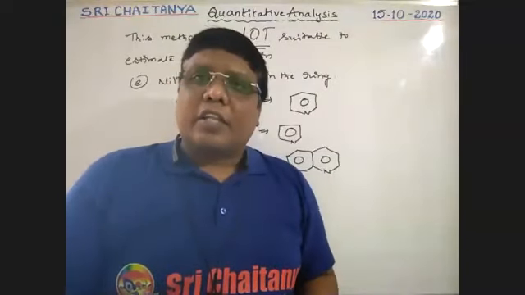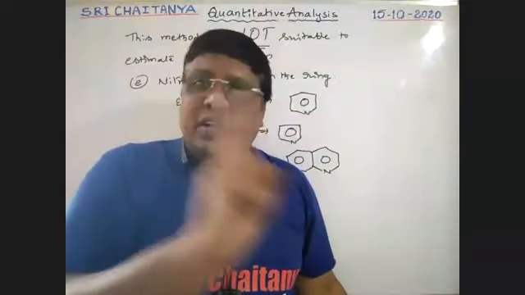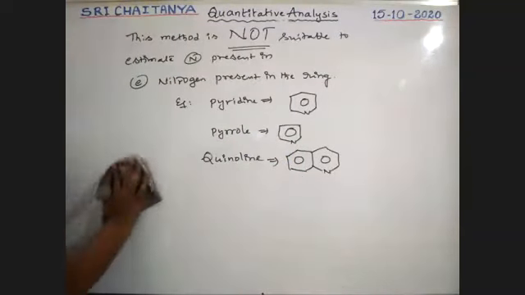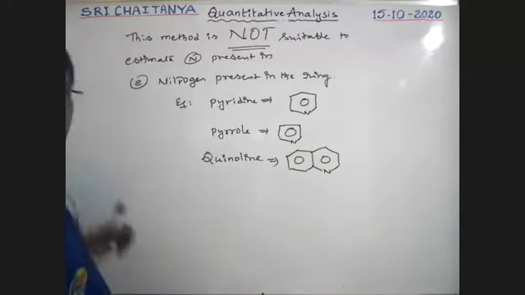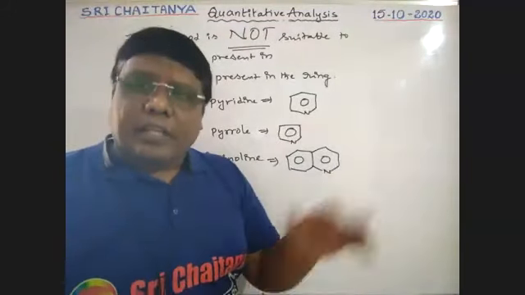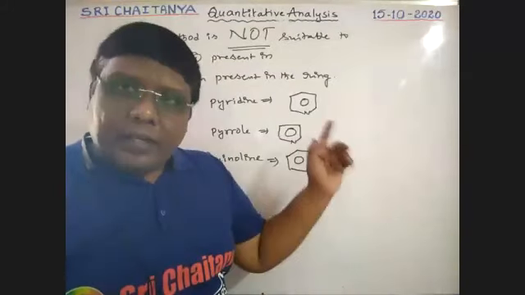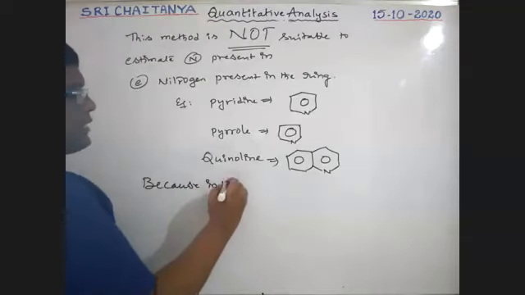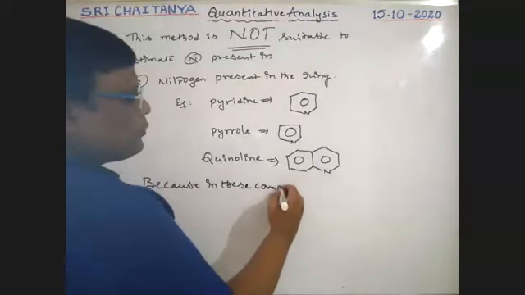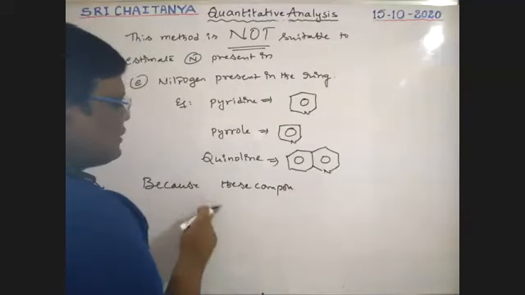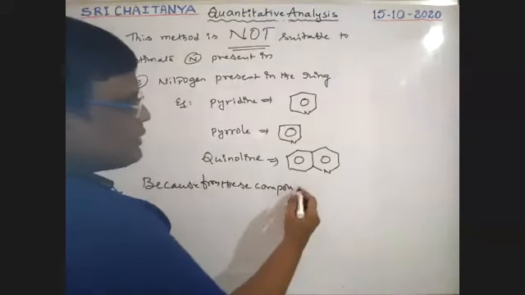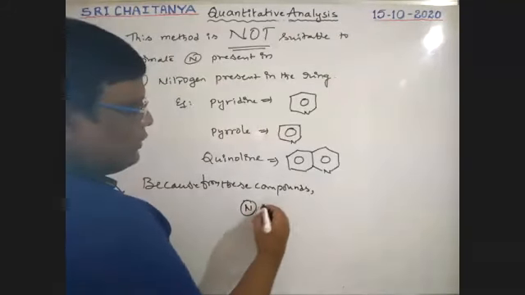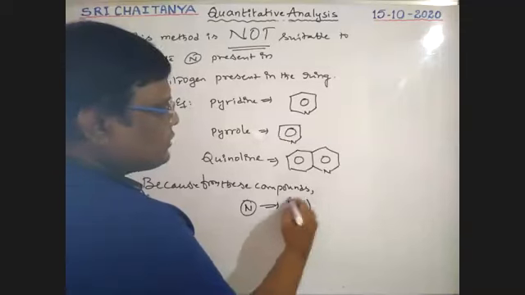Now, problems on Kjeldahl's method. At least 2 problems will appear in your tomorrow's Saturday exam, no doubt. Why are these compounds not estimated by Kjeldahl's method? Because from these compounds, nitrogen does not convert into ammonium sulfate.